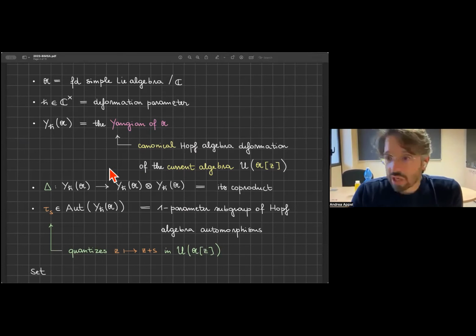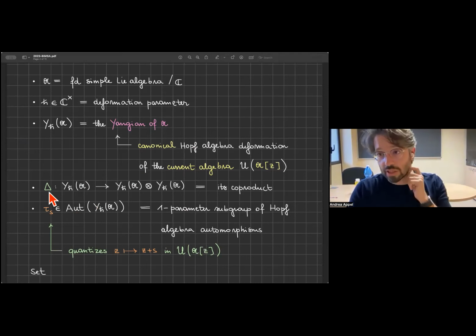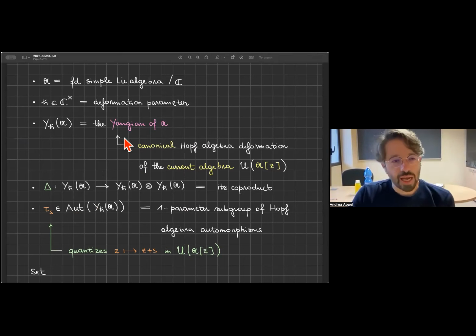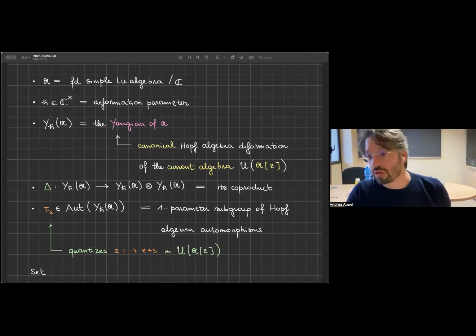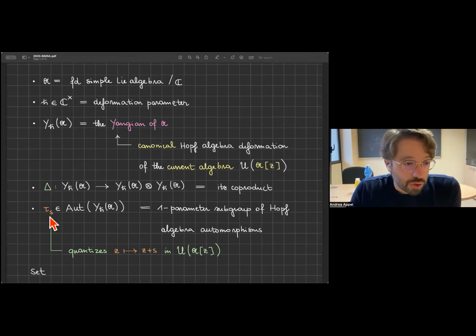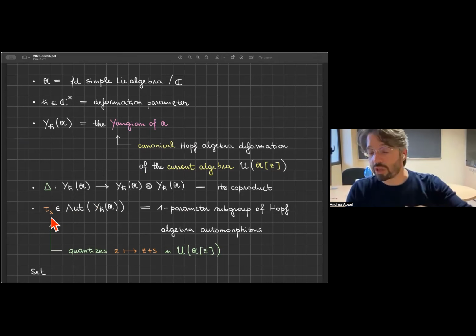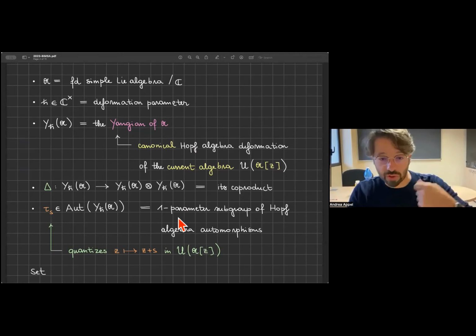Being a Hopf algebra, the Yangian is equipped with a coproduct, which we denote by delta. And as this is a quantization of the current algebra, one of the most interesting features of the Yangian is that it is equipped with a one-parameter subgroup of algebra automorphisms.